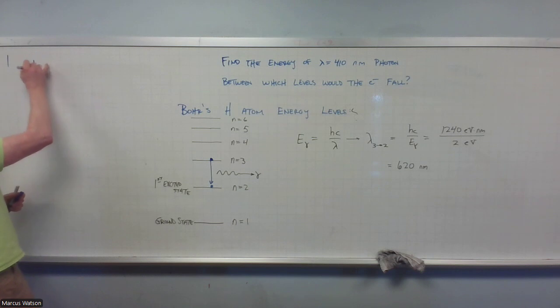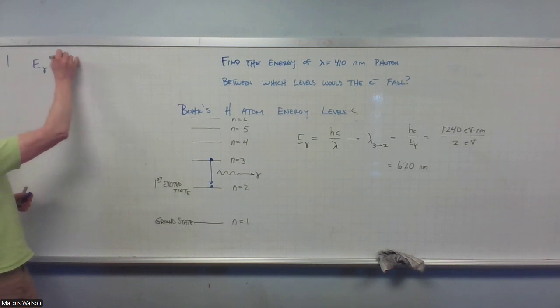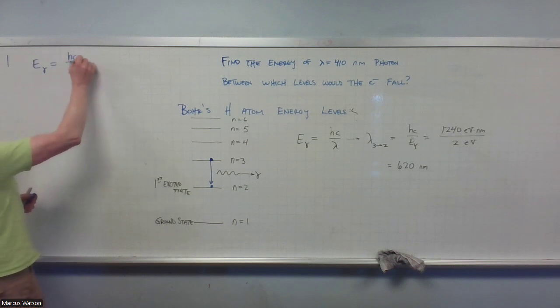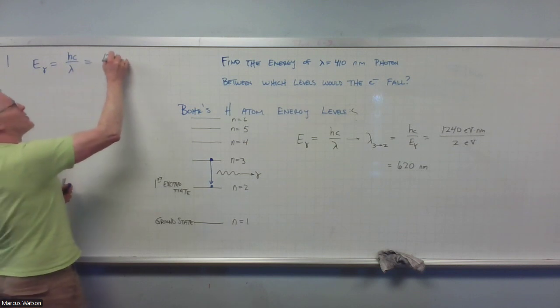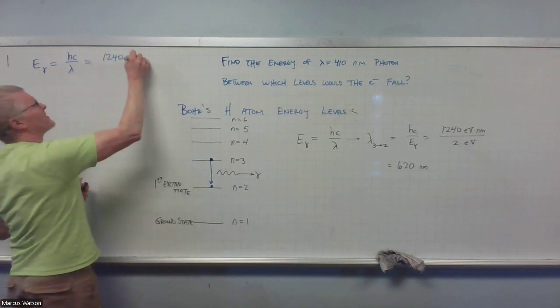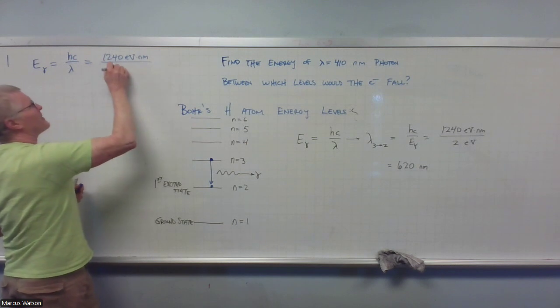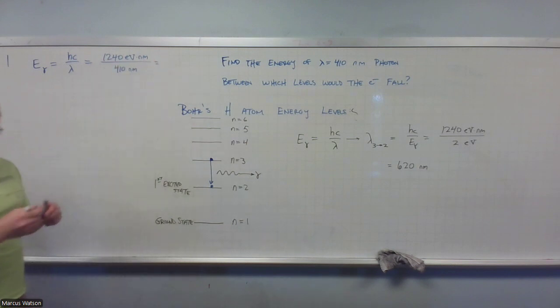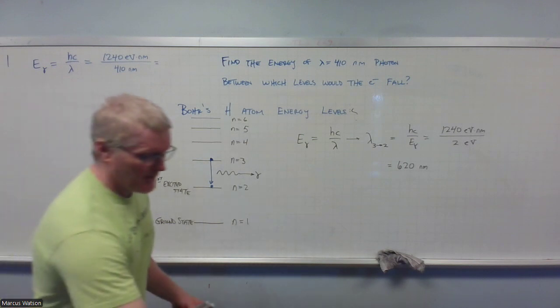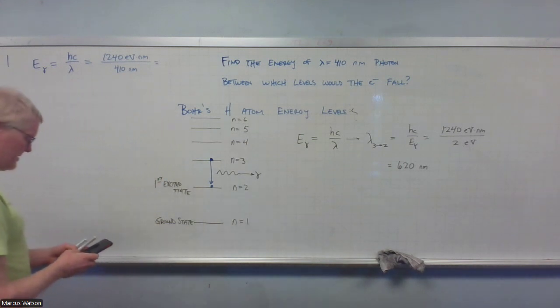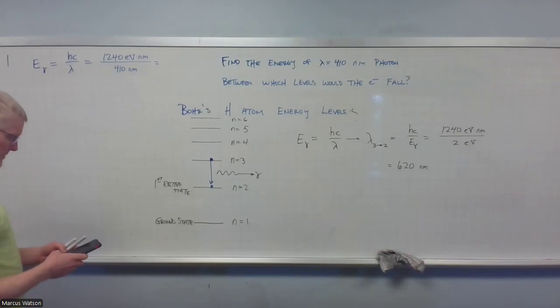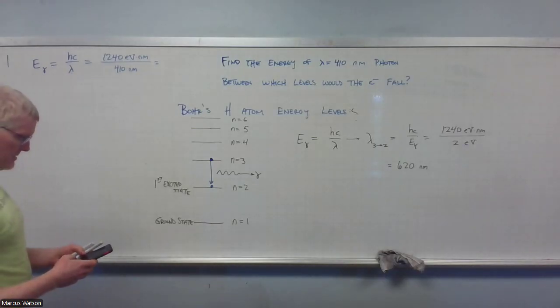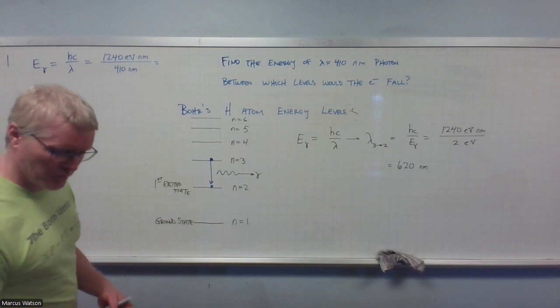All right, so let's start off with the energy of the 410 being equal to 1240 eV nanometers divided by 410 nanometers. This is going to be a particular number, and that number is about 3.02.